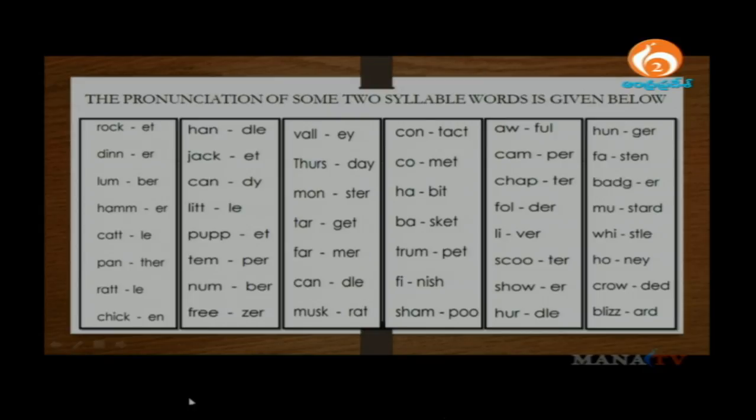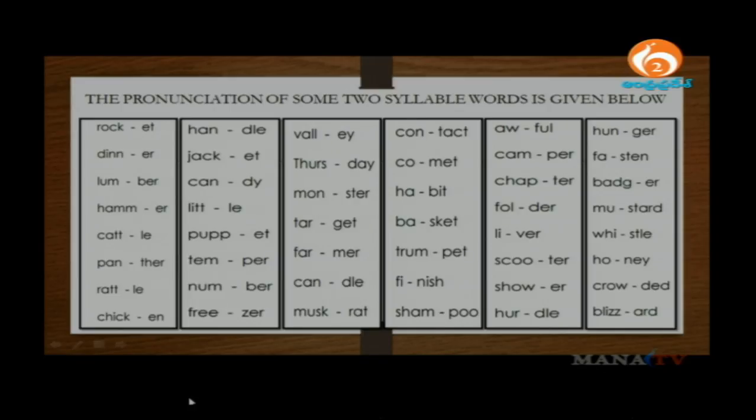Rocket, rocket. Dinner, dinner. Lumber, lumber. Hammer, hammer. Cattle, cattle. Panther, panther. Rattle. Chicken, chicken.